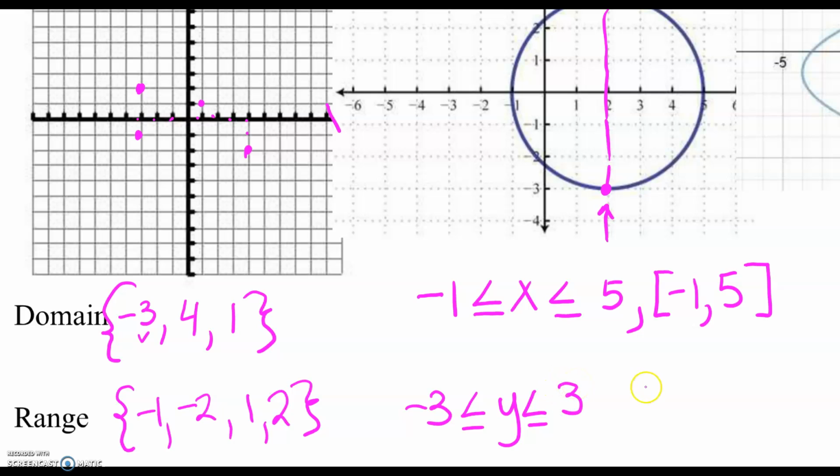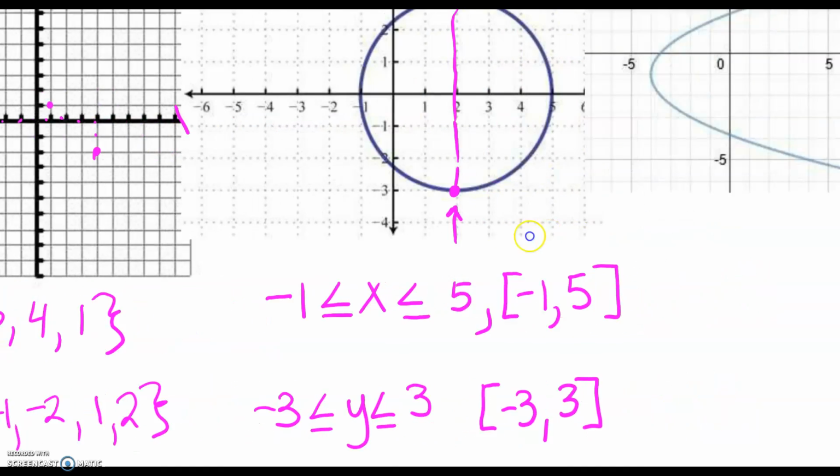I can write the y values in the range the same way with brackets, using the hard bracket on -3 and 3. We use those brackets to indicate equal to, like a closed circle.